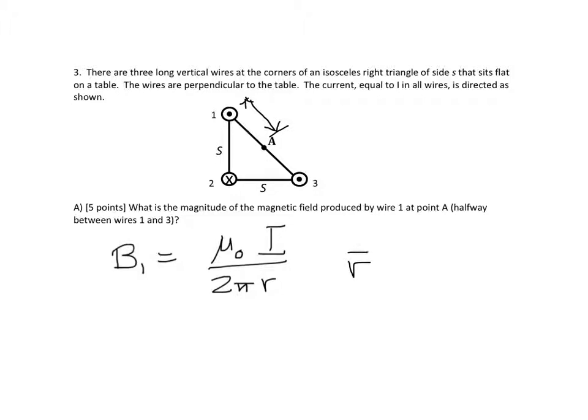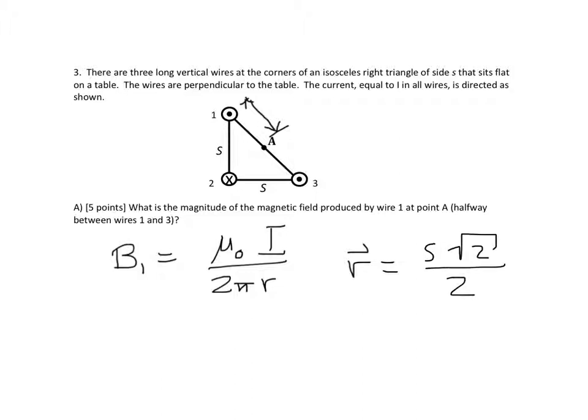So the problem here is just to determine the distance r, and r here is the distance from here to there. That r is just going to be half the diagonal here. If you think of it, this actually makes a square, so this diagonal is the square root of 2 times one side. But it's only half of that, right?